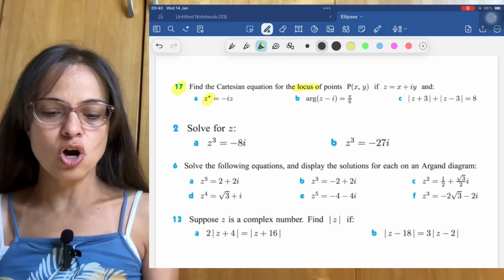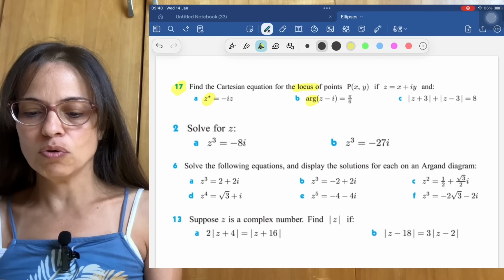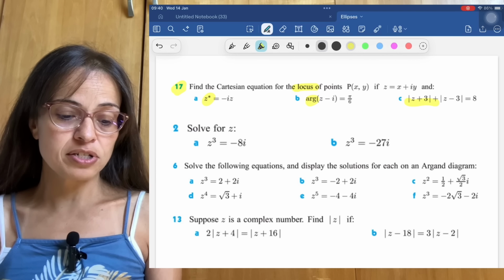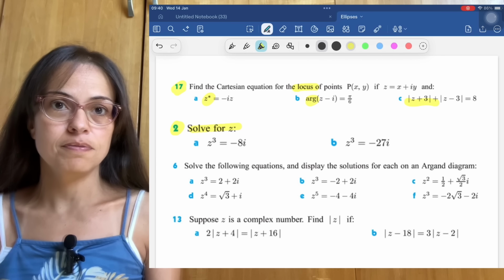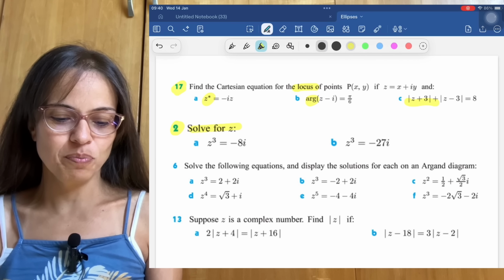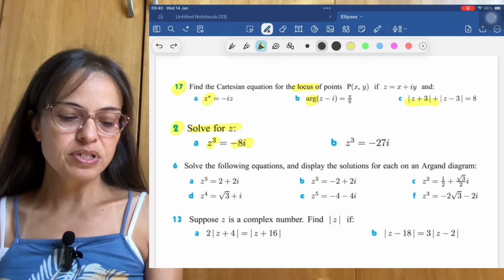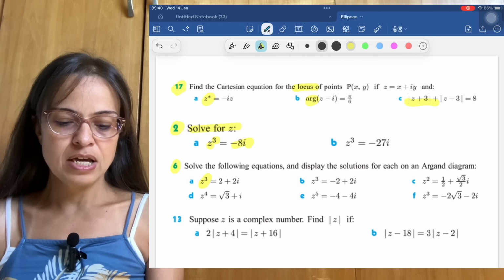Like this one uses a conjugate, this one talks about the argument, this one involves the absolute value in the equation. But when you move to the next exercise, which is also just solving equations for complex numbers, they don't have that. It's just the complex number to the power of a number equals another number. And the next one is exactly the same kind of equation. It's z to the power of 3 equals a number.